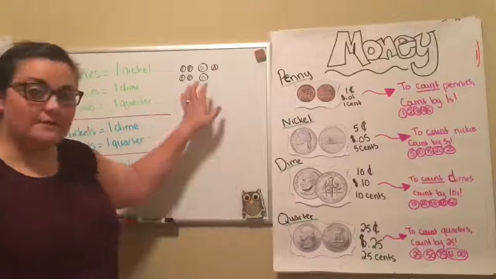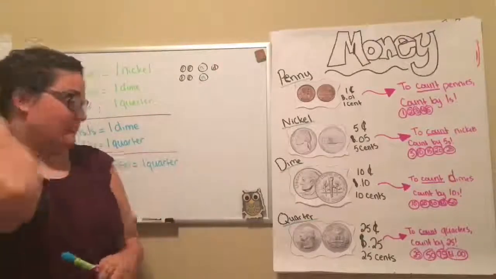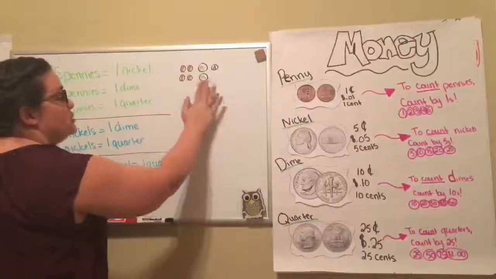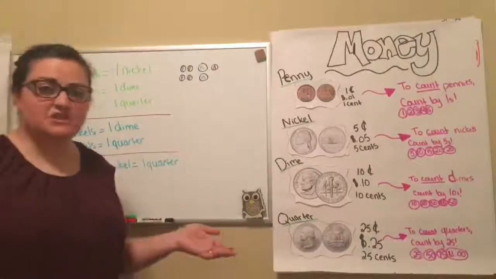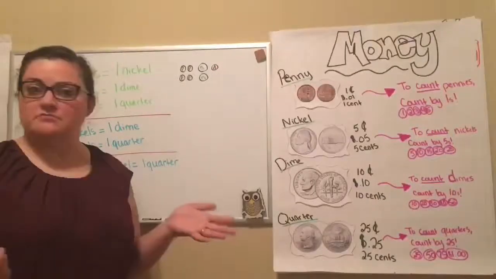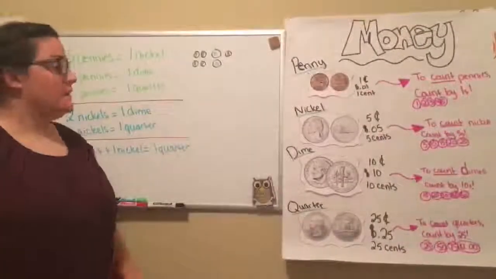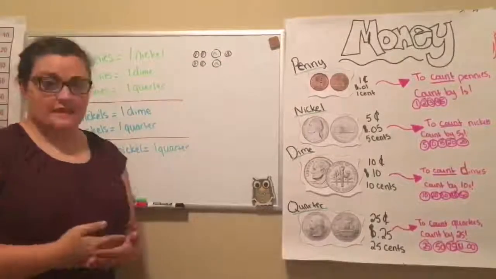So if you take a look up here, I'll show you how before you go to that resource, okay? So you have 4 pennies, 2 nickels, and 1 dime. So let's just start with the easiest way to begin counting, our dime. All right, our dime equals 10 cents.